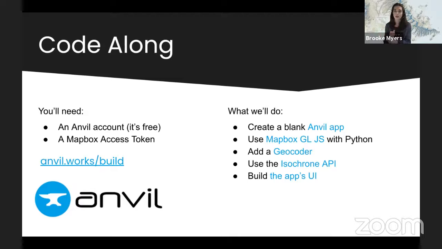We're going to add the Isochrone API and make requests to that to get those Isochrone lines that we can display on our map. Then we're going to build a simple UI to query the API to give it the parameters that we want, the amount of time and how we want to go. It's a pretty basic app. It's not going to be super complex, but I don't have that much time.